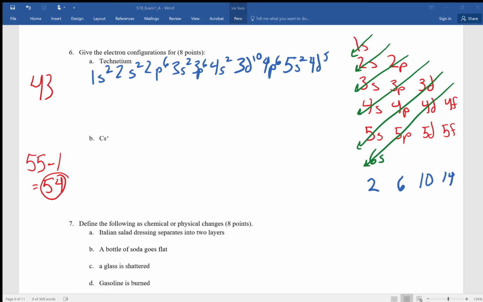Also remember, there's an alternative way to do this, and that's to use the noble gas core. The noble gas before technetium is krypton, accounting for those first 36 electrons.